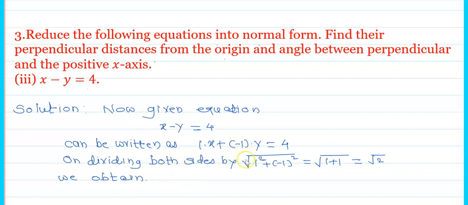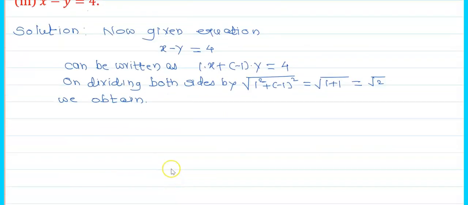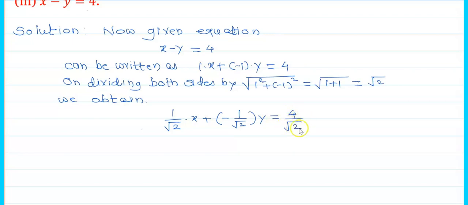Now we'll divide this equation by root 2. Therefore, the equation is 1 upon root 2 x plus minus 1 upon root 2 y equals 4 upon root 2.